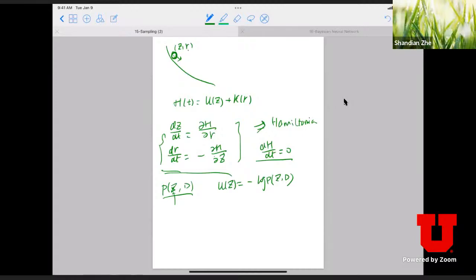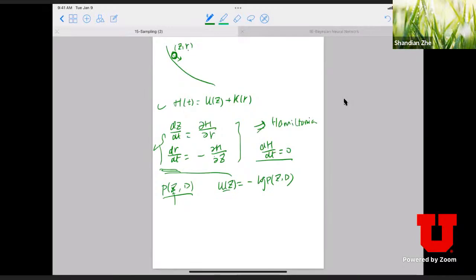By the way, the definition of this Hamiltonian system, how you define potential energy, how you define kinetic energy, is kind of arbitrary. You can define it according to your own need, as long as you ensure the system evolves in this way. This is a valid Hamiltonian system. That's why we can define our own Hamiltonian system where the potential energy is the negative log joint probability, right?